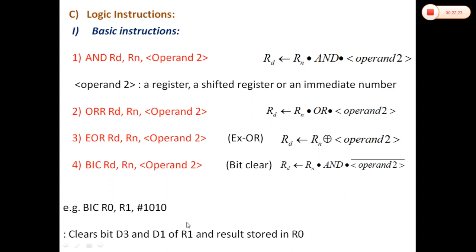And then that will be ANDed with R1. So when any bit of R1 is ANDed with 1, those bits will remain unchanged. But when any bit of R1 is ANDed with 0, those bits will reset. And therefore, in this instruction, only bit D1 and D3 of R1 will reset, and that pattern will be stored in R0. So that's how this instruction internally works, by ANDing Rn with complement of operand 2.